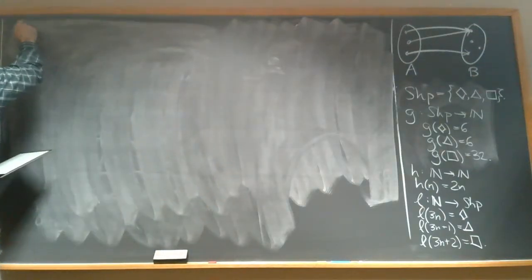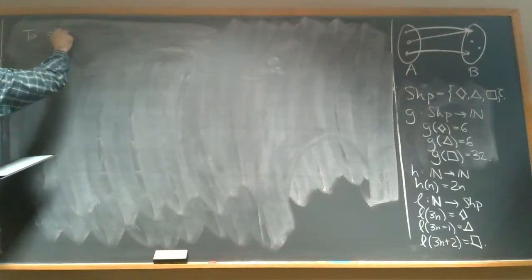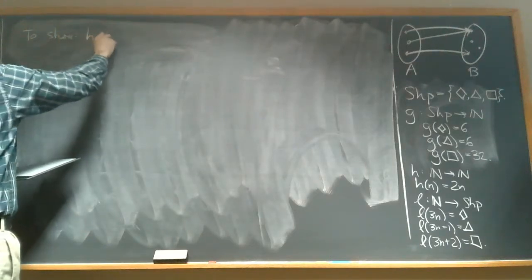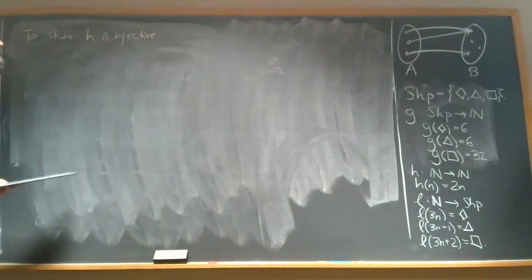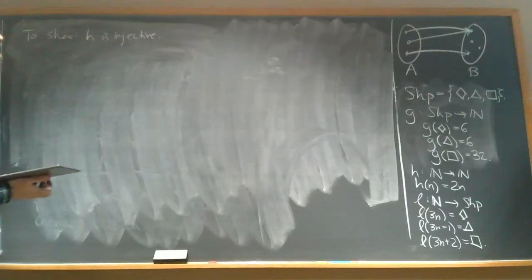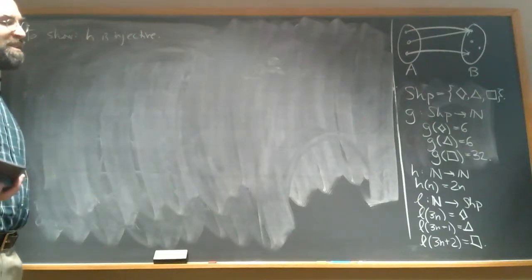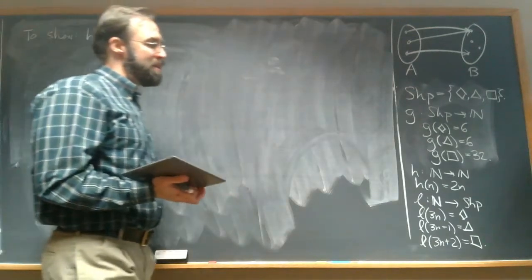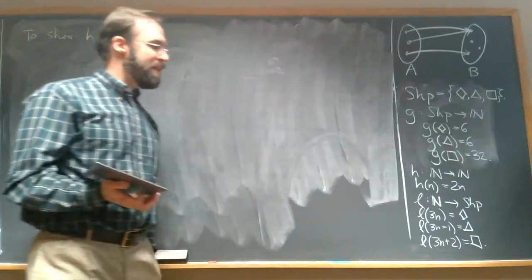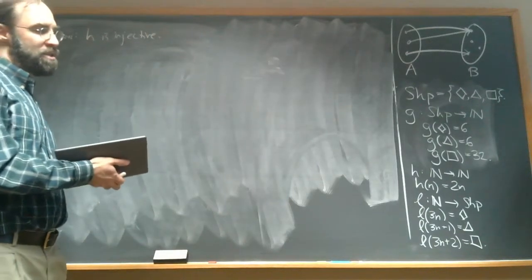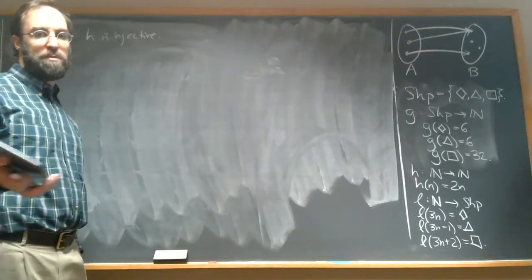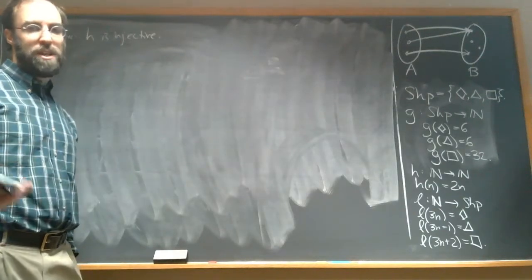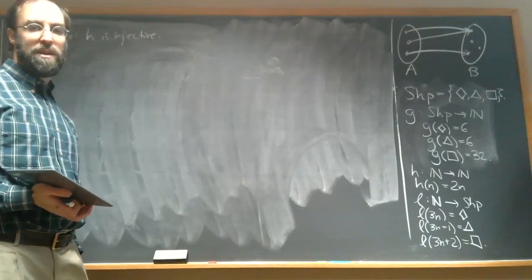So, to show H is injective. Okay, so remember, being injective said for all pairs of elements in the domain, if H(A) equals H(B), then A equals B. Or if H(A1) equals H(A2), then A1 equals A2.